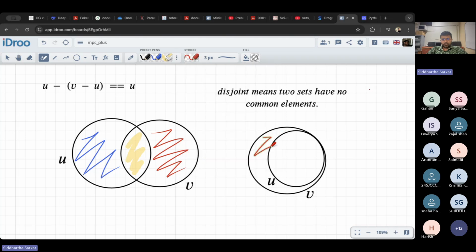So this part is V minus U. Okay. So U is the smaller circle. Actually the V minus U does not include the common element of V and U. So what is V minus U according to you?